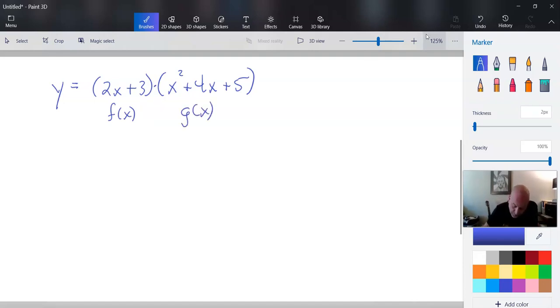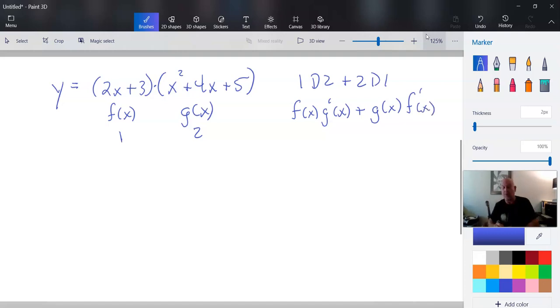If I think about this as my one function, this is my two function, I've got 1d2 plus 2d1. So that means I'm going to have f of x times g prime of x plus g of x times f prime of x. And you notice I still have to find g prime and f prime. So let's go ahead and do that first.